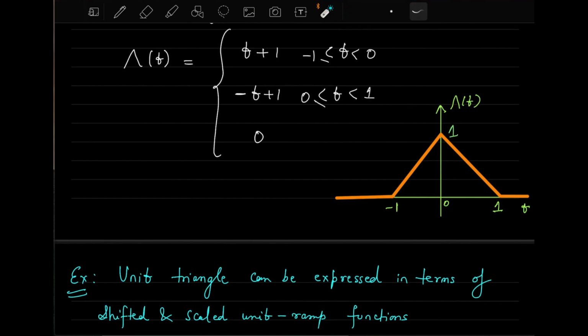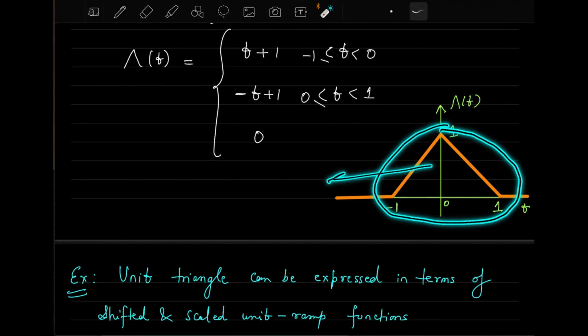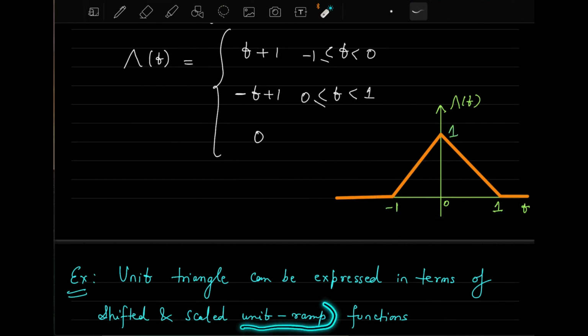So you do this exercise at home, and in the next lecture we will discuss how we can write this triangle function as unit ramp functions.